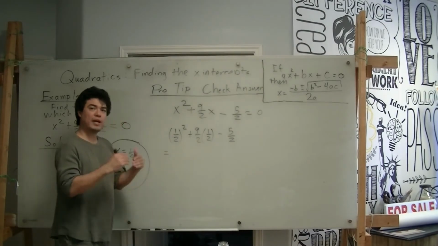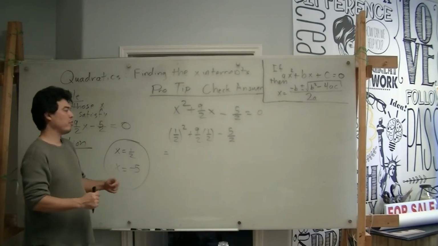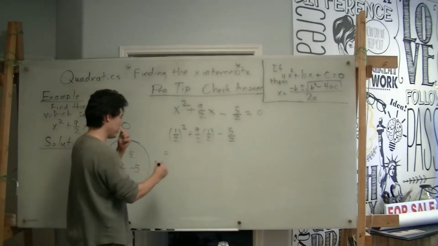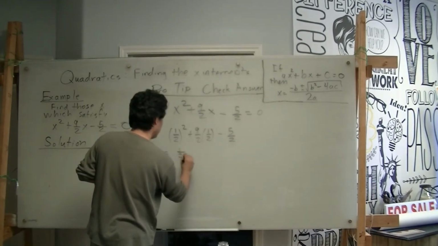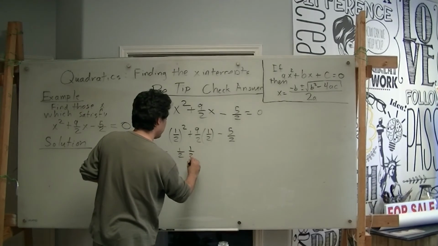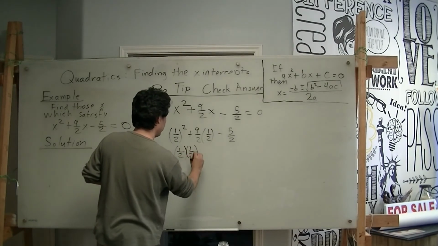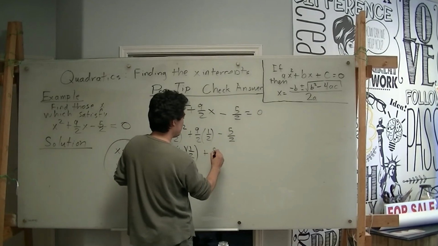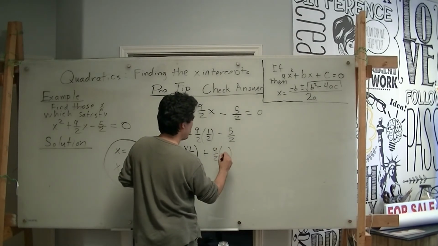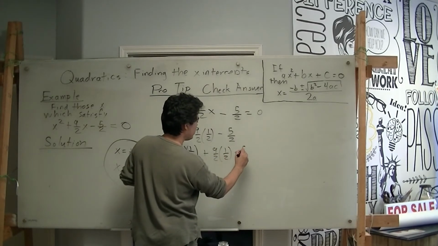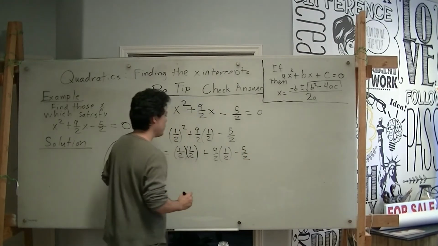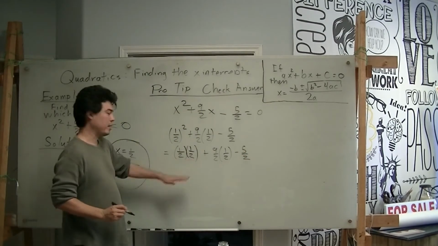It means for us to multiply that thing with itself. So in other words, it'll be 1 half times 1 half. Let's do that. Beautiful. And then it'll be plus 9 halves times 1 half minus 5 halves.